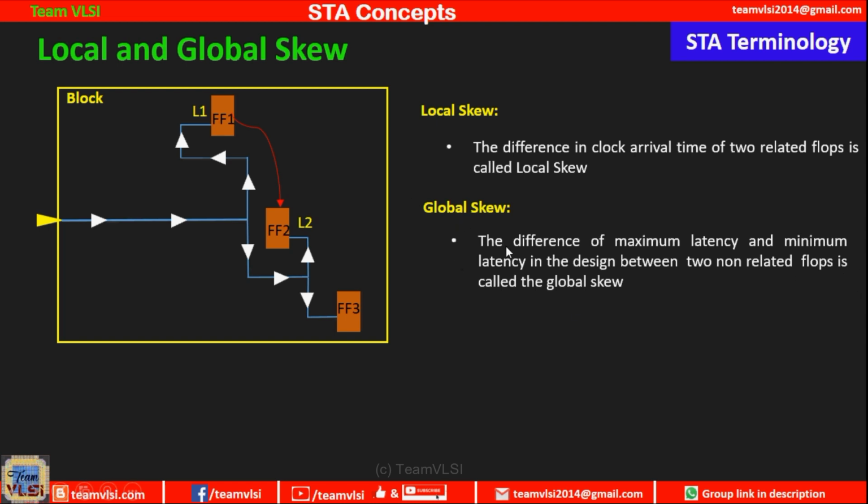So global skew is always the max skew, and it is not necessary that those two flops have a data path. It could be non-related or related. The maximum difference of latency inside your block is called your global skew, right?